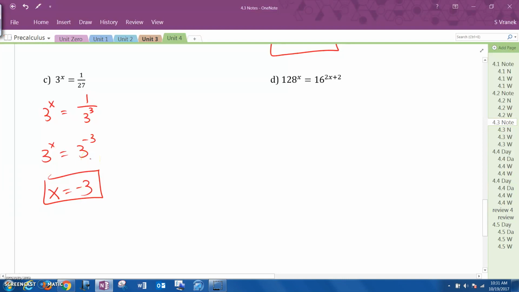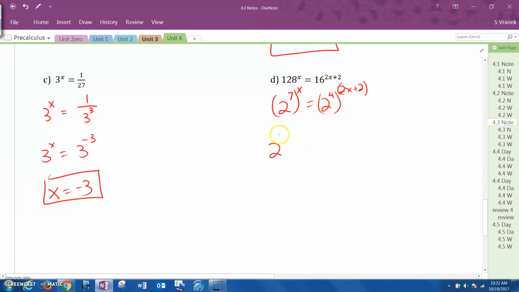All right, with big numbers like this, you can kind of figure it out, but generally if it's even, it's probably going to be a base 2. And I believe this is 2 to the 7th. You can check on your calculator: 2 to the 6th, 2 to the 7th, 2 to the 8th. 2 to the 4th would be this one. So what you have to do is multiply these together.